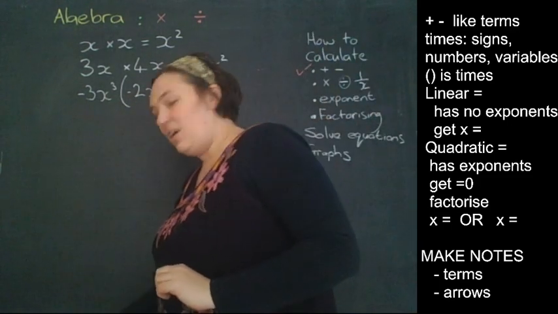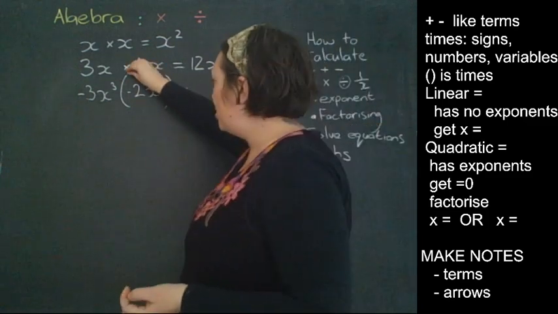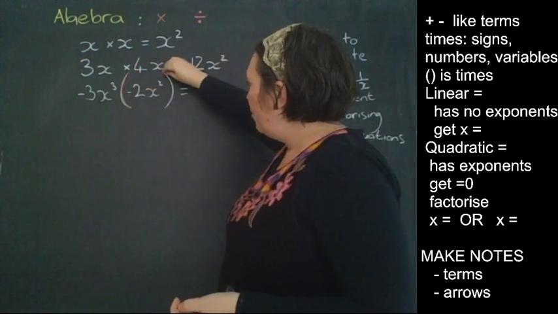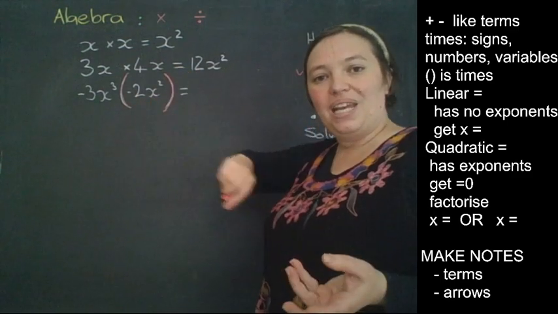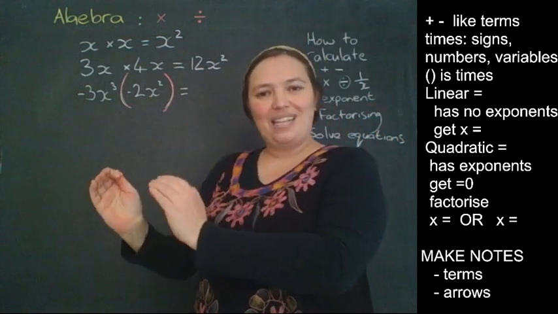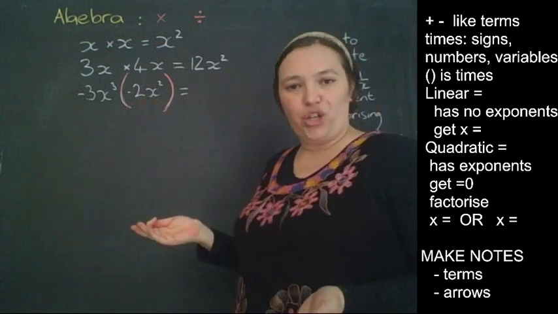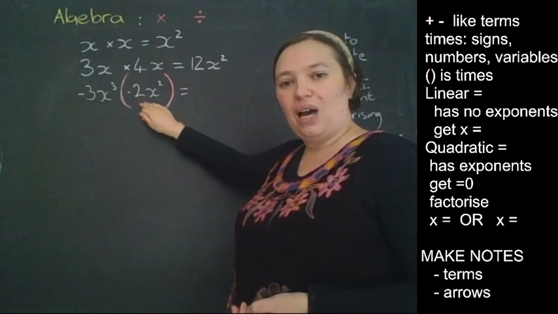So that's what I meant when I said brackets is multiplication. Brackets means times. There is nothing in this bracket that we can do first. You know, like how we grouped things together with brackets? But there's nothing here to do first. It's just one term. So we need to multiply.